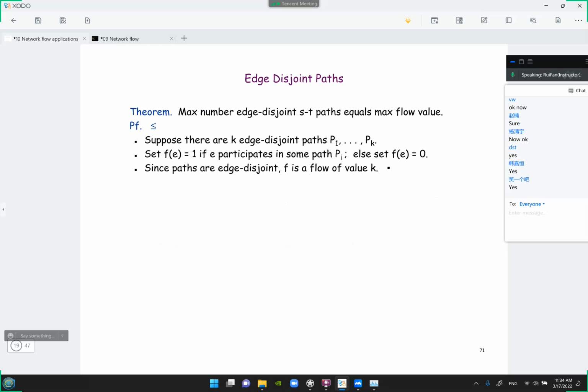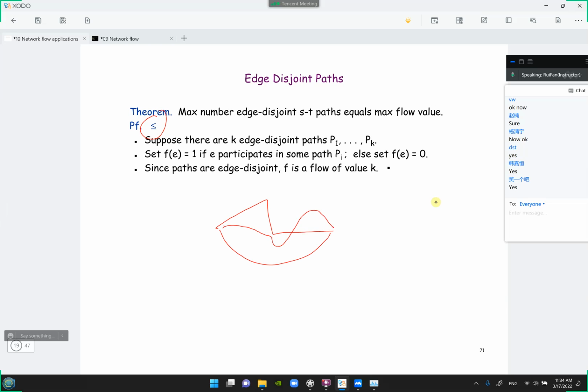Again, we're going to prove 2 directions. We're going to prove the less than or equal to direction first. This means that if you have a bunch of edge disjoint paths, then we have to show this is no more than the max flow value. The reason this is true is because suppose you have a path like that and a path like that, and maybe some other path like this.